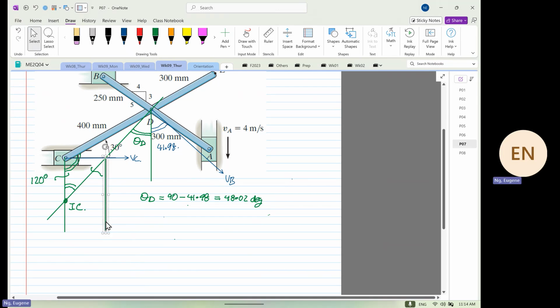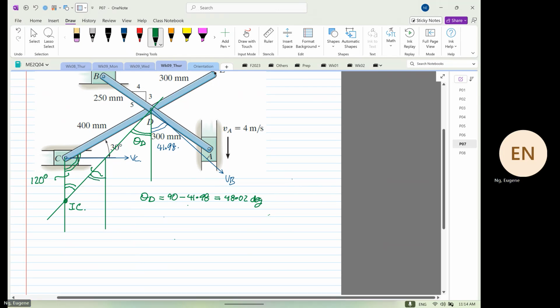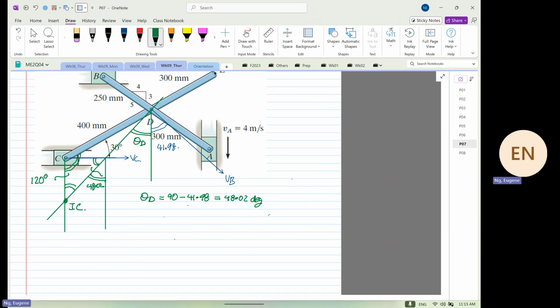So we know that this angle over here is equal to 48.02. From here, we can determine this angle over here. So that is 90 minus 48.02, which is equal to 41.98.